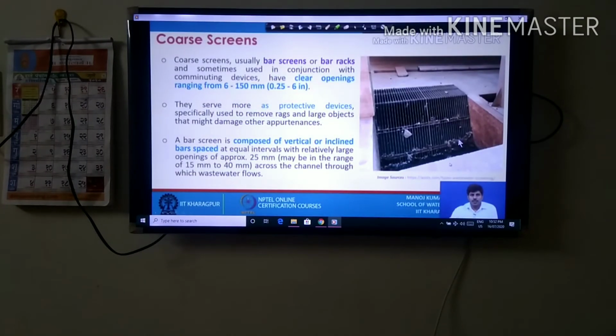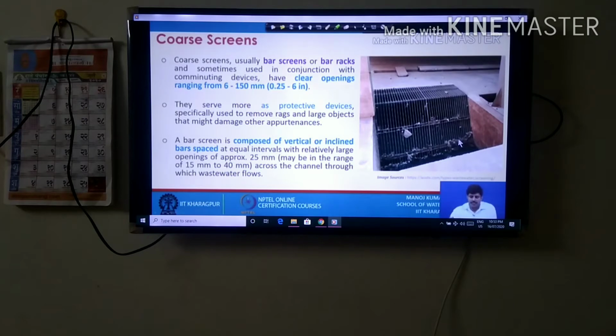Now, the coarse screen, which is the first one to be used, particularly in sewage treatment plants, generally consists of a bar screen or bar racks, and sometimes in conjunction with comminuting devices as well. They typically have a clear opening ranging from 6 to 150 mm, which is 0.25 to 6 inches.